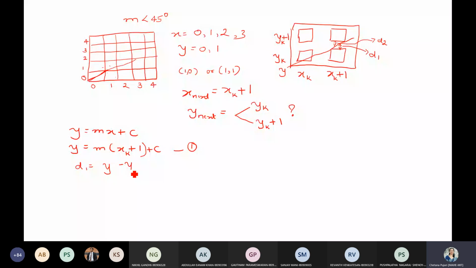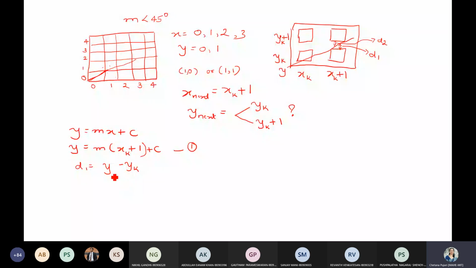Keep this in mind because we are doing this for m less than 45 degrees, so we are dealing with y. Similarly, if you are doing it for m greater than 45 degrees, you will do the same process but with respect to x. So this will be y minus yk, because this represents yk.